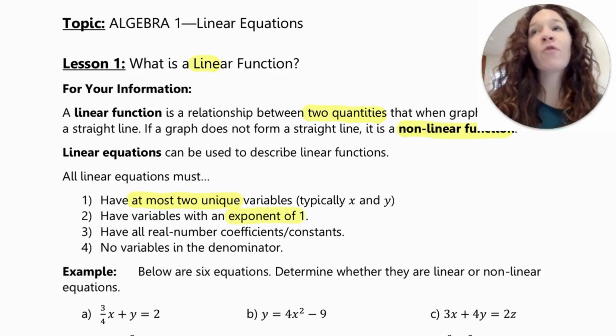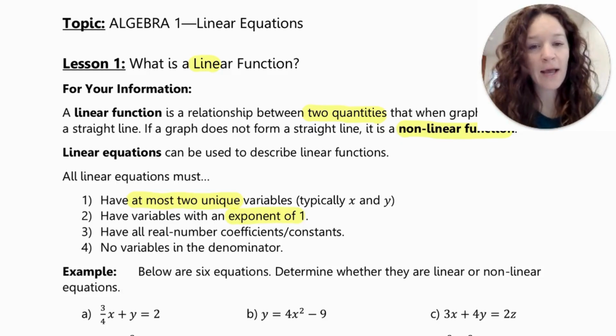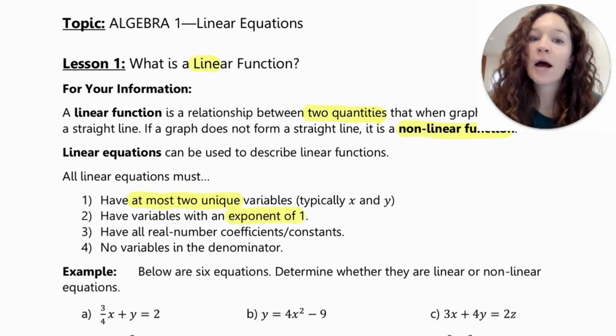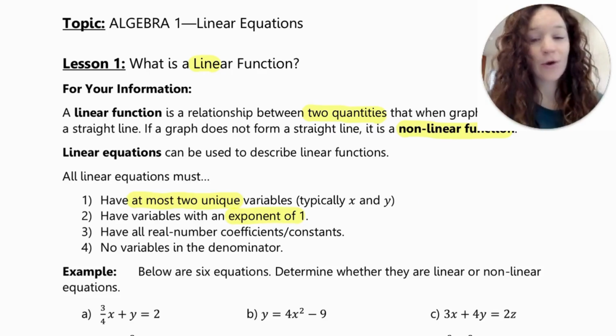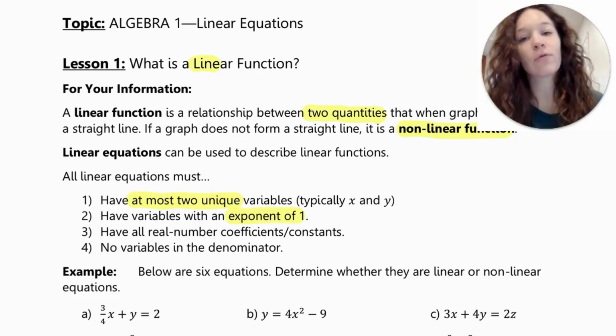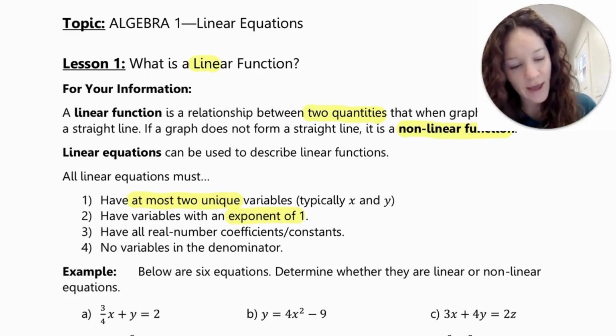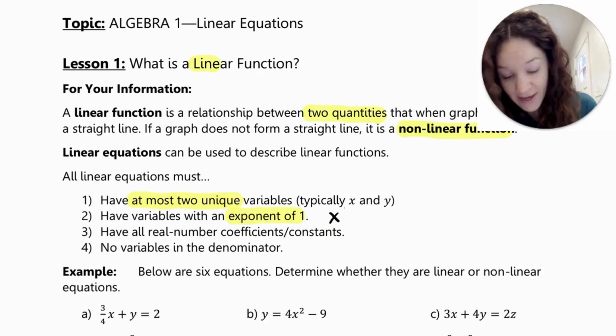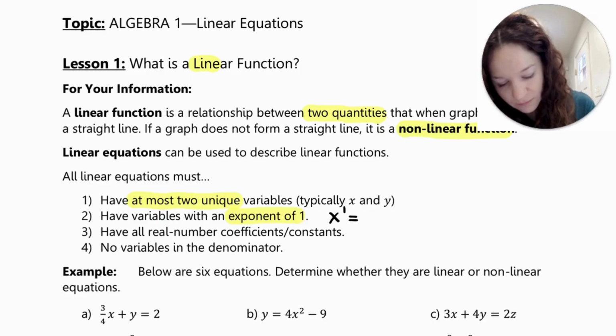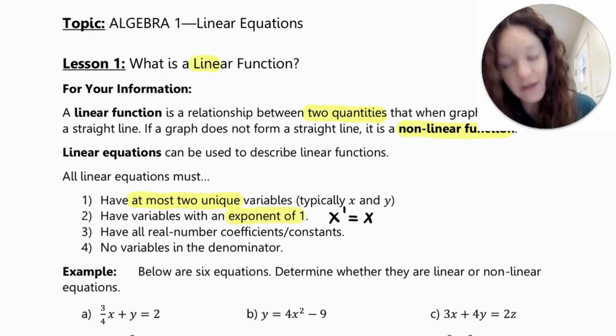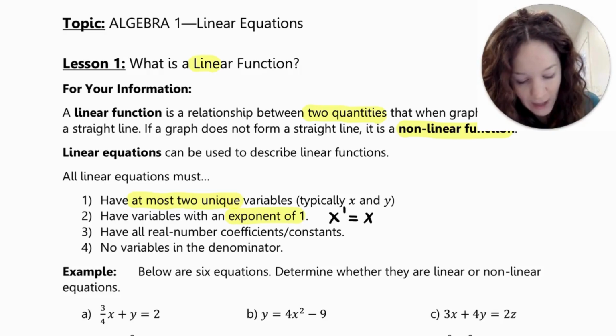So you could have all of an x or all of a y, but you can't have something with a y squared or an x squared, right? All of the variables must have an exponent of 1. And typically, we don't write x to the first. We just write x. We don't write y to the first. We just write y.